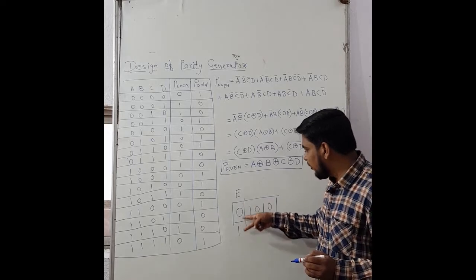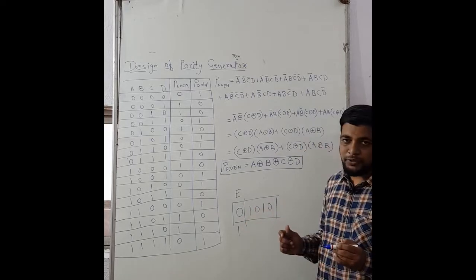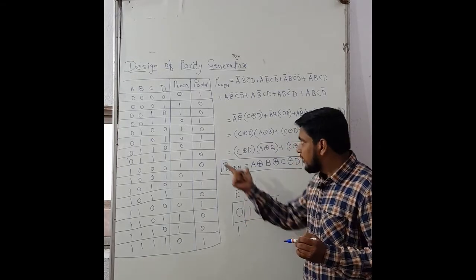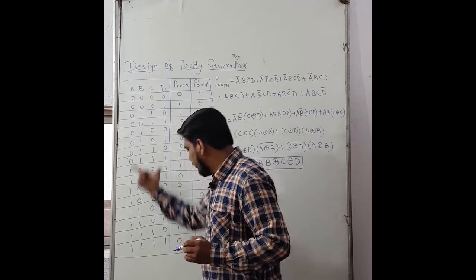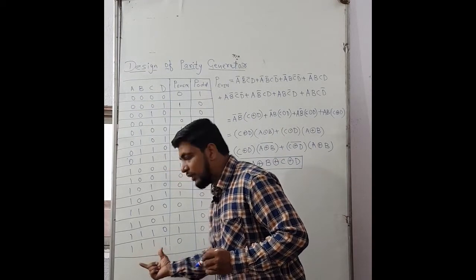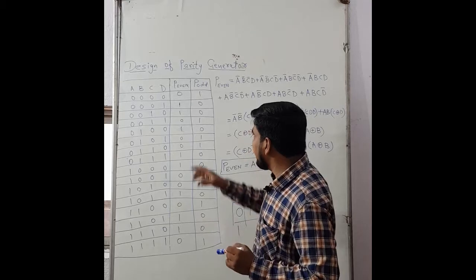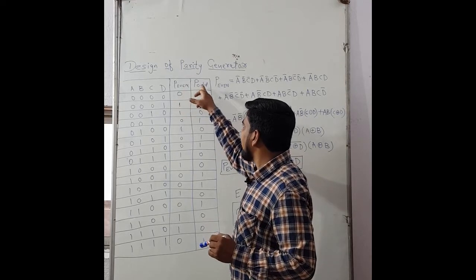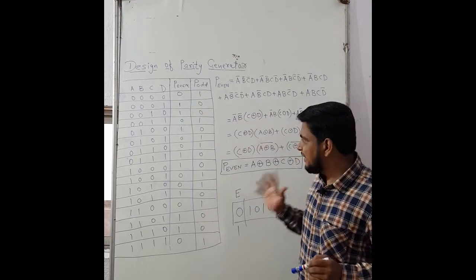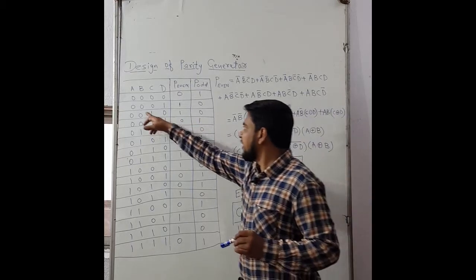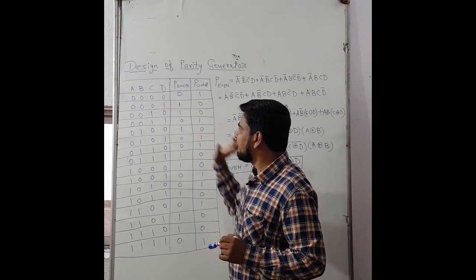Likewise, the even parity or odd parity bit is added to the original information. So for these 4 bits, the possible combinations start from 0, 0, 0, 0 to 1, 1, 1, 1. Now for these, the P of even and P of odd bits are to be filled. For this information, we see the number of ones. How many ones are there?